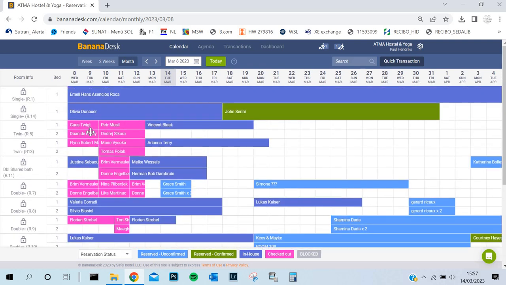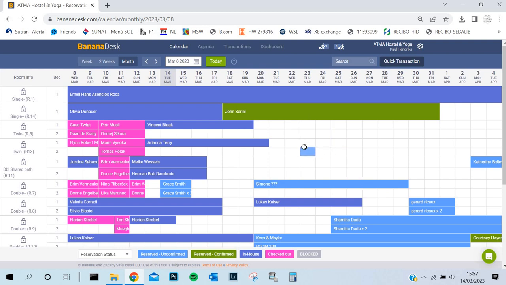This same principle counts for our 2 twins. These 2 twins here are the same room type. So once again, someone goes onto booking.com and books a twin. We have 2 twins, so it could be that this person ends up in room 5 or in room 13.